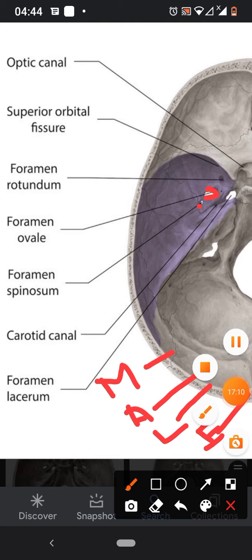So I have found a very beautiful picture which is showing you that anteriorly here is the emissary sphenoidal foramen where the emissary veins are passing, and these emissary veins are connecting the cavernous sinus with the pterygoid plexus of veins. Behind it a big foramen is present, the foramen ovale, from which the MALE structures are passing.